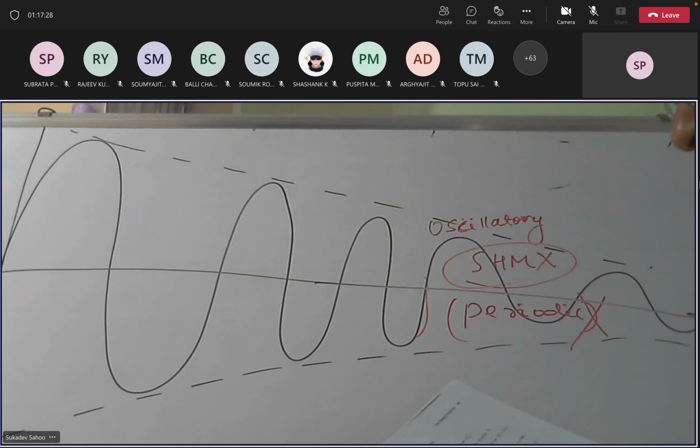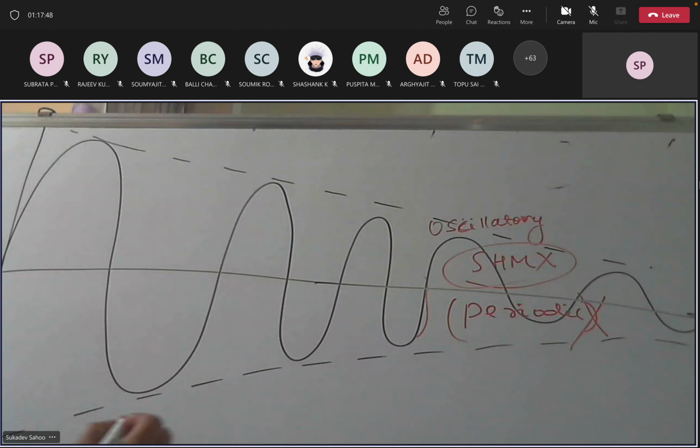The motion is not strictly periodic. Already we have said it is not periodic, so we have to give an explanation like that. The motion is not strictly periodic. However, it has a time period.